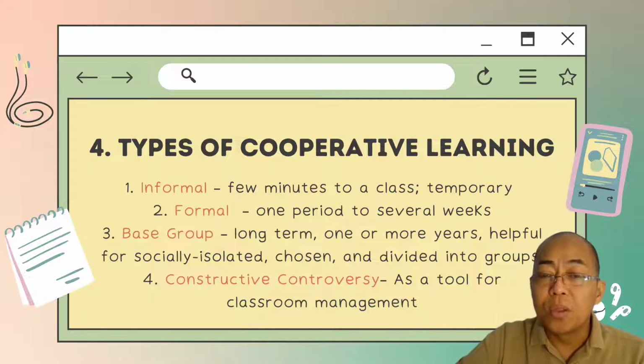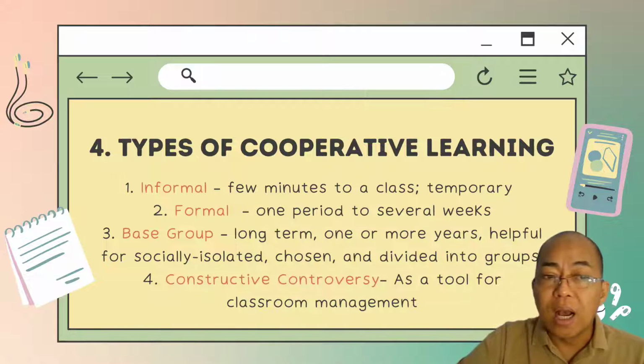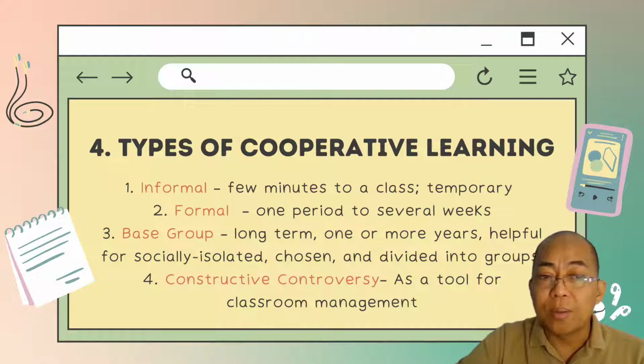And second is to decide how the class will be grouped and how the group will be structured. Third is the teacher teaches the academic concepts or the principles and strategies that need to be mastered or will be used in the lesson.